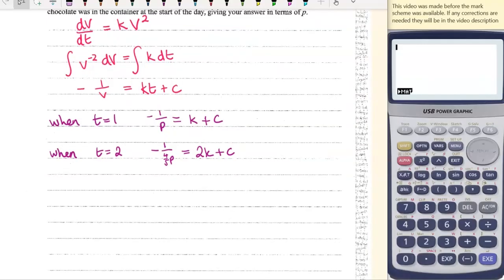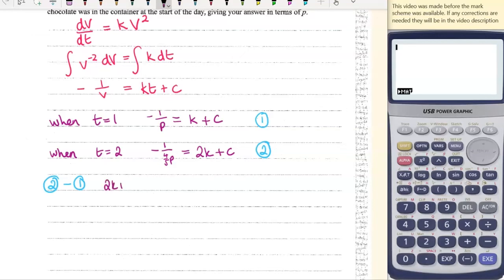So now if I take equation 1 and 2, and think about it sort of like we're solving simultaneous equations. If I do number 2 minus number 1, then on the left-hand side, I'm going to do 2k plus c minus k plus c.